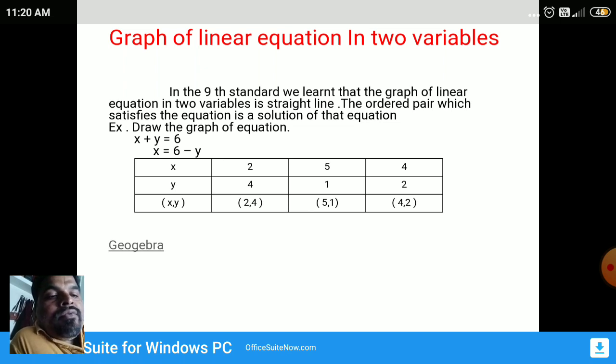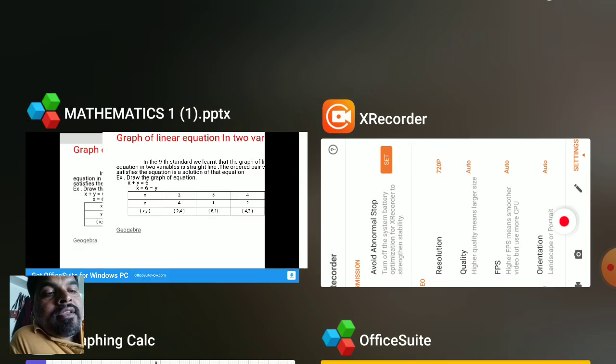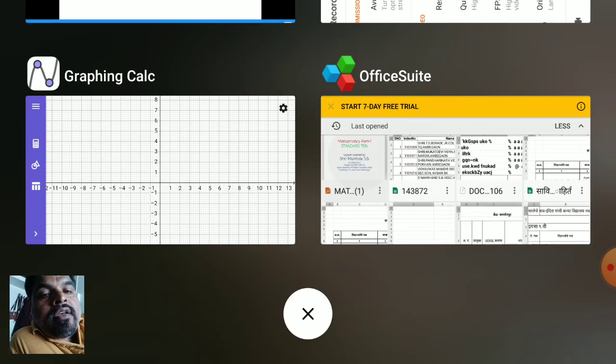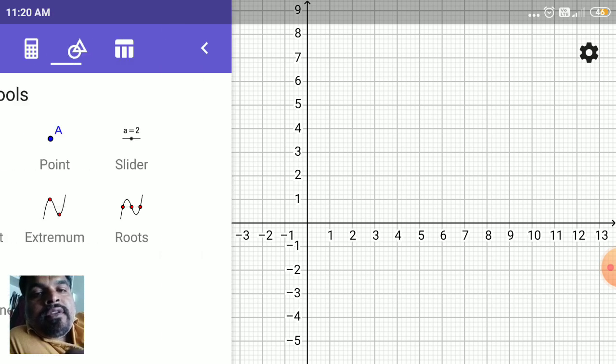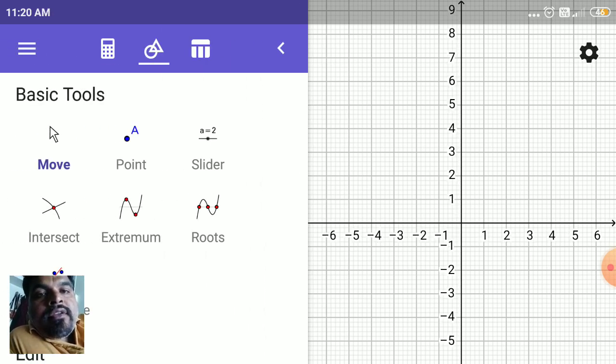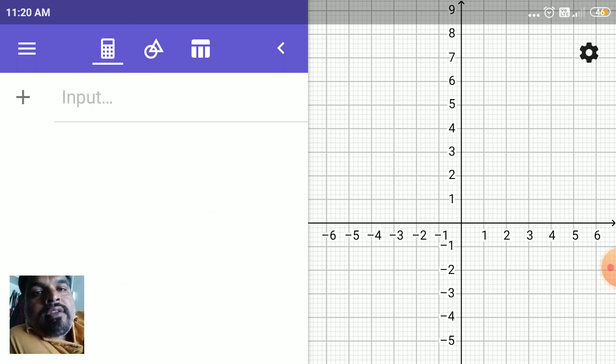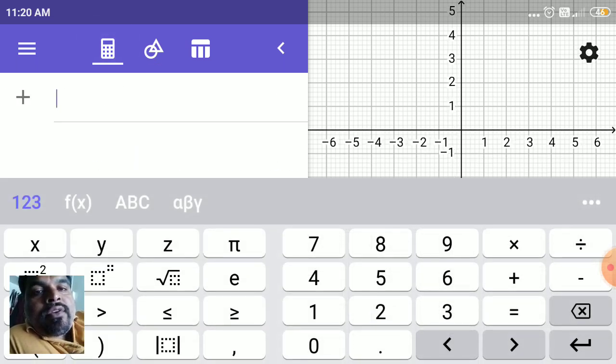Here we use GeoGebra to draw the graph of this equation. Now using GeoGebra, put the first solution of the equation, that is 4 comma 2.